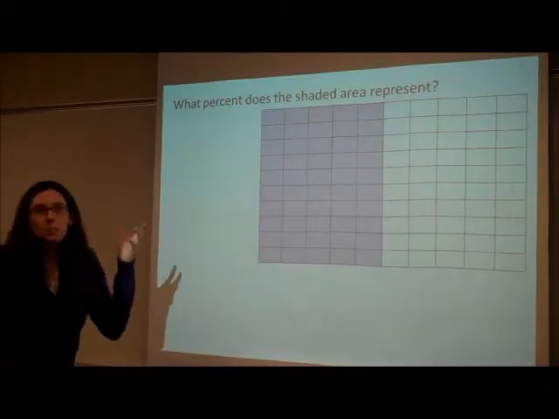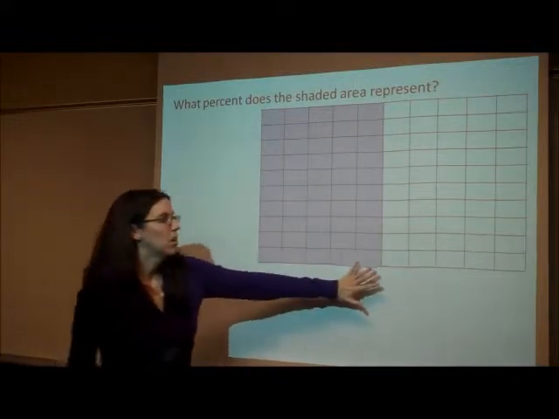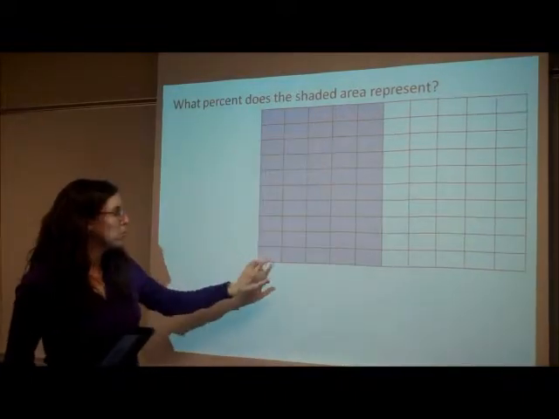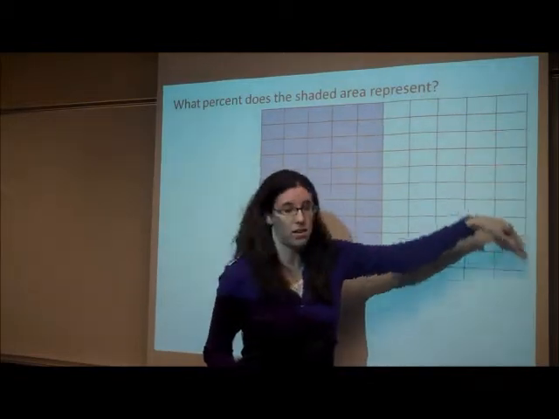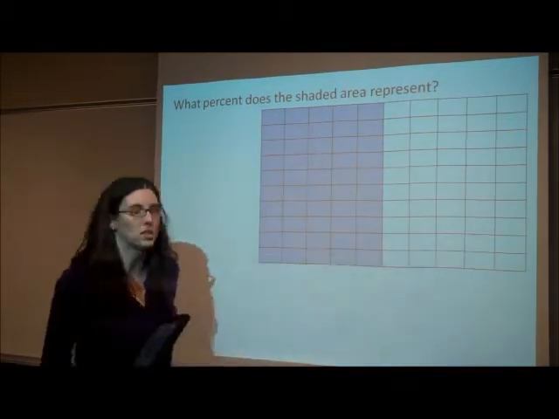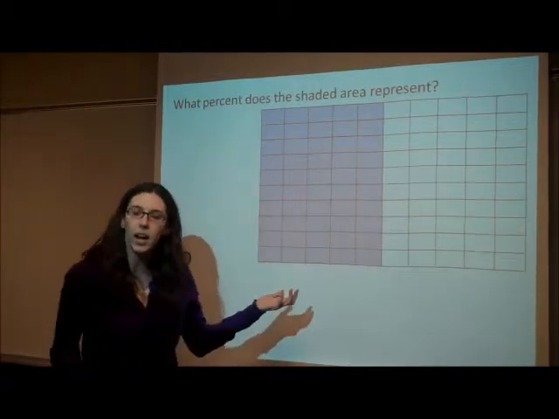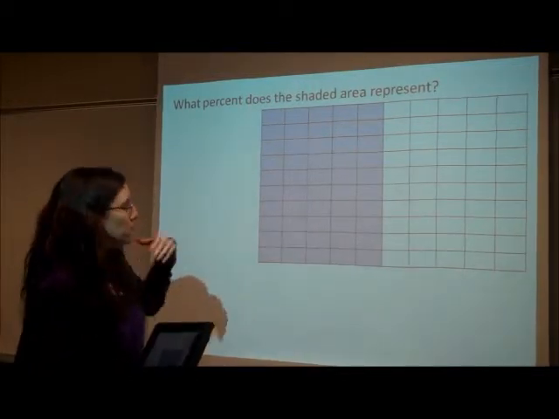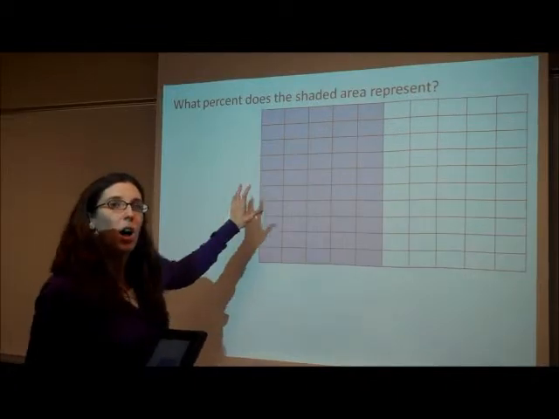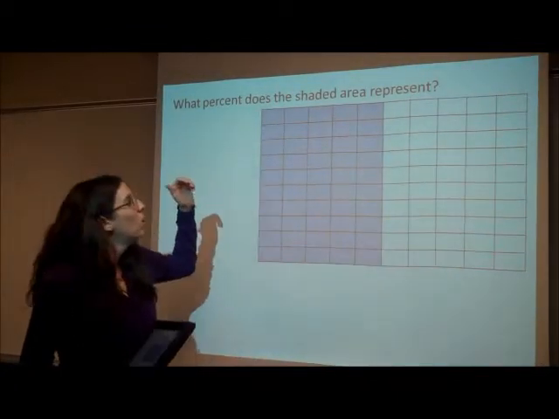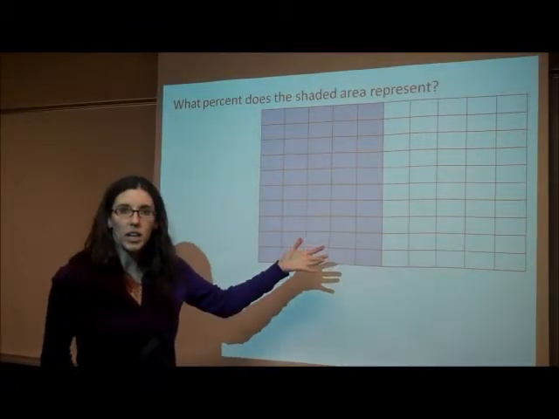So just a basic visual for a percent. Here are 100 boxes. We have 10 by 10, so that'll be 100 boxes. You'll have questions that say, what percent does the shaded area represent? So I'm wanting to know, of this 100, what part of it is shaded in?